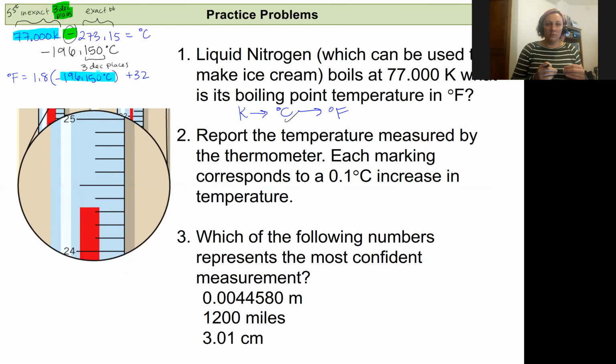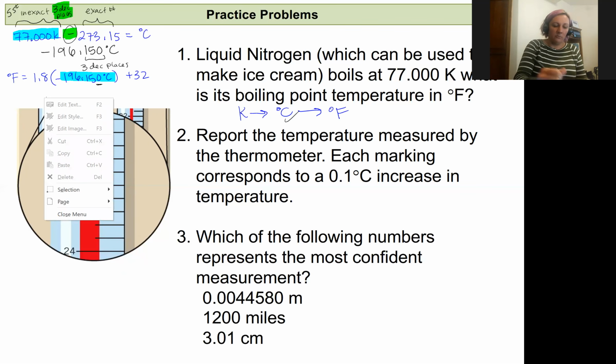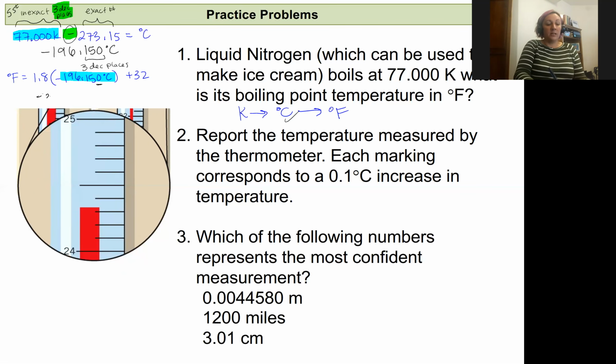So I'm going to do this in 2 steps. I'm going to first do my multiplication step and then my addition step, following the correct order of operations. And so I'm going to get a value from my first one that is going to need to be 6 significant figures because I have 6 significant figures in my inexact number. So I'm going to get a value that is negative 353.070. That's 6 significant figures. And now it's going to be plus 32.